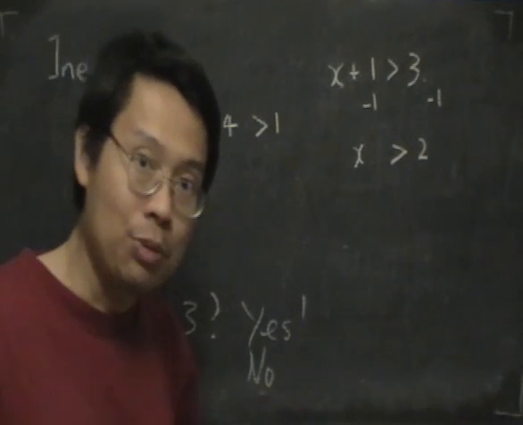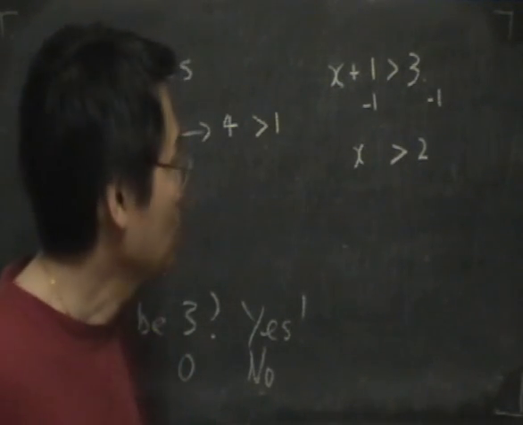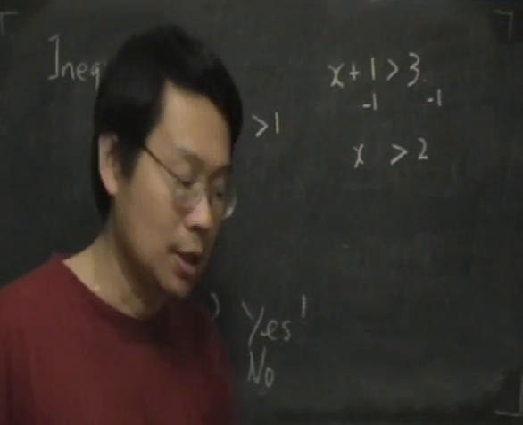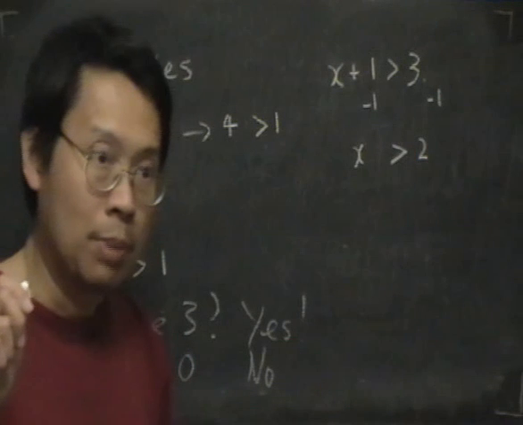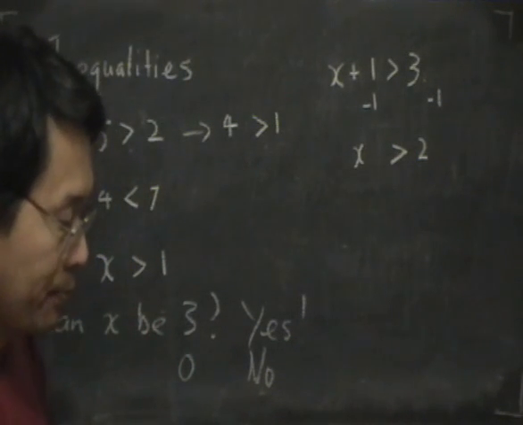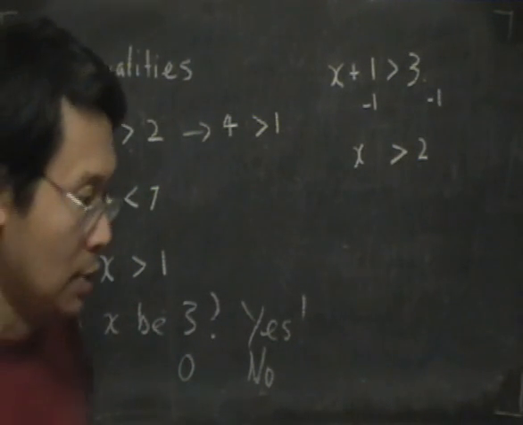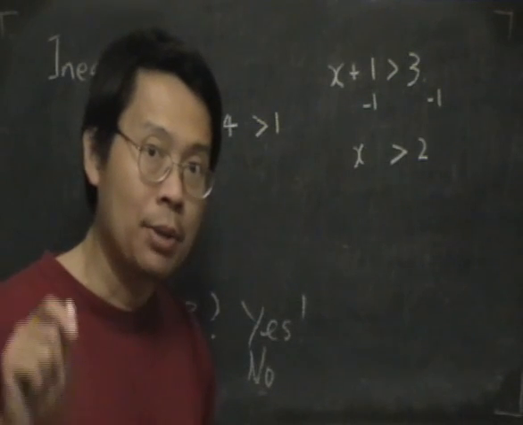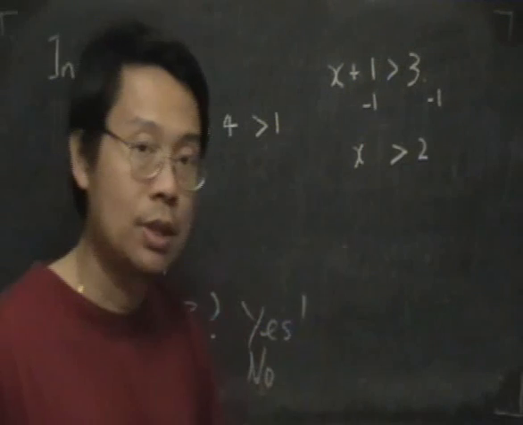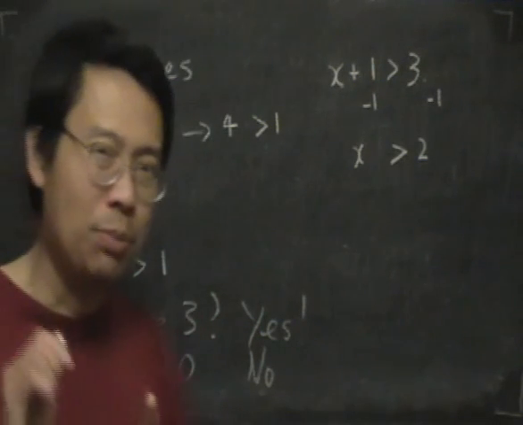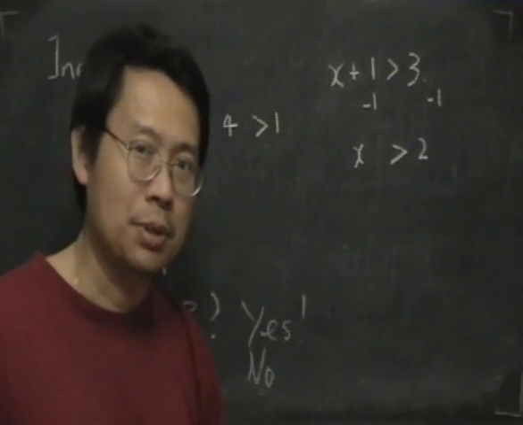You can even multiply the same number to both sides of the inequality. But there's a catch here. You can only multiply positive numbers to both sides of the inequality. You cannot multiply negative numbers.